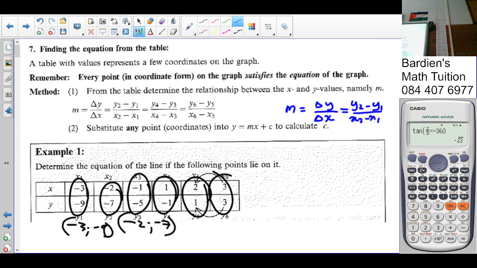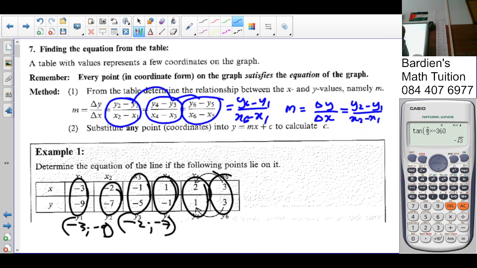We can say that y4 minus y3 is equal to y2 minus y1 over x2 minus x1. y6 minus y5 over x6 minus x5 is the same as that. We could also have said y6 minus y1 over x6 minus x1.